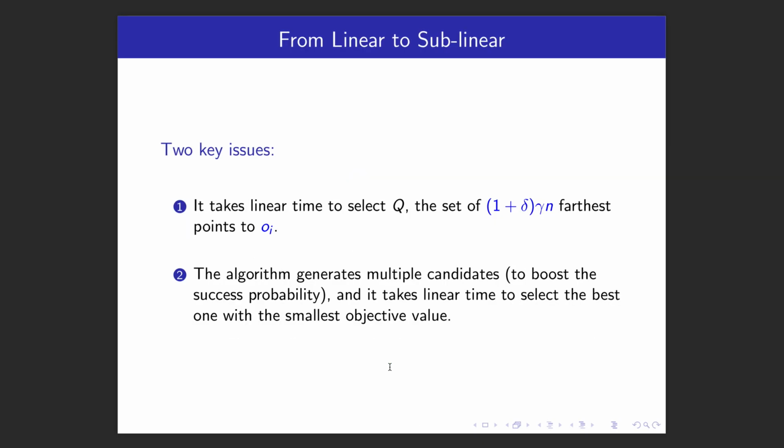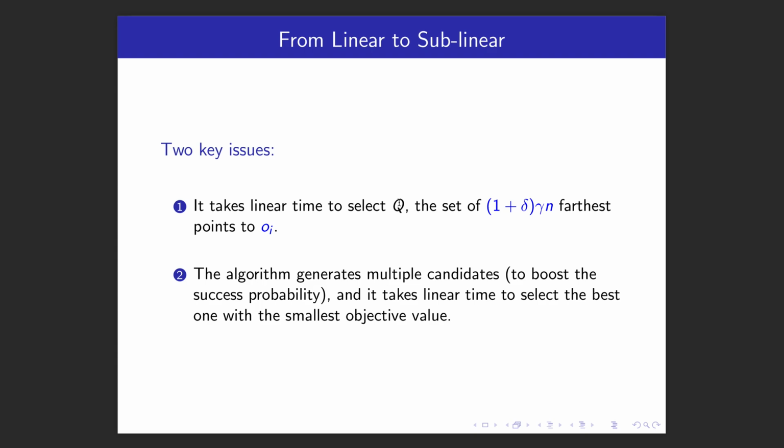So now we consider how to improve this linear approach to sublinear. Basically, we have two key issues. First, in each step, we need to select the set big Q. Obviously, this step takes linear time, right? Because we need to read the whole data set in one pass.